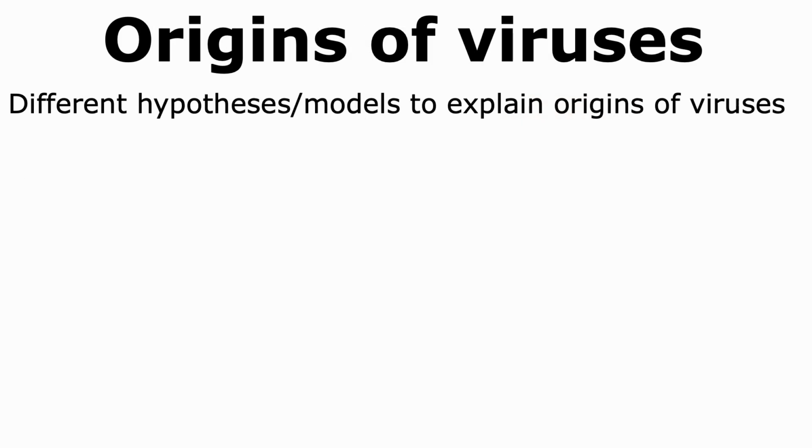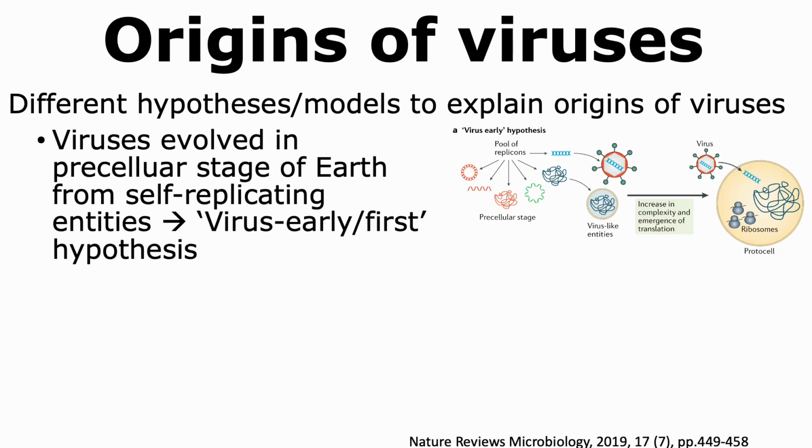There are many different viruses that are present in the environment. And so, in order to explain how viruses originated in the first place, different hypotheses and models have been proposed. One such hypothesis is the virus early or the virus first hypothesis, which states that viruses were present even before living cells were formed.